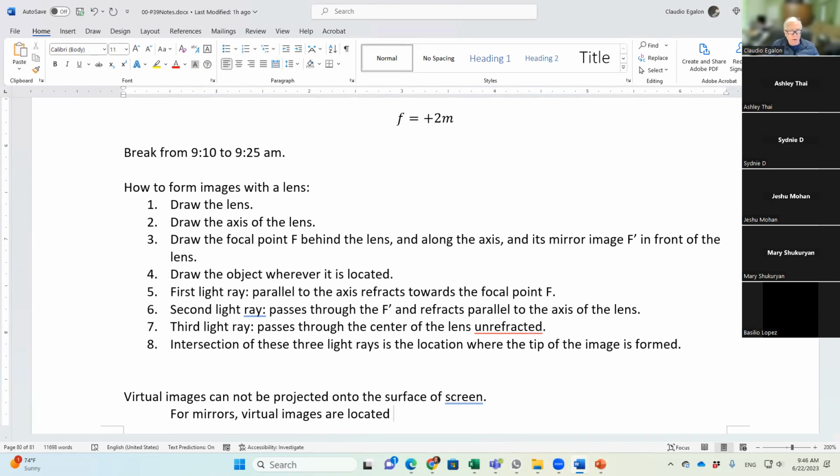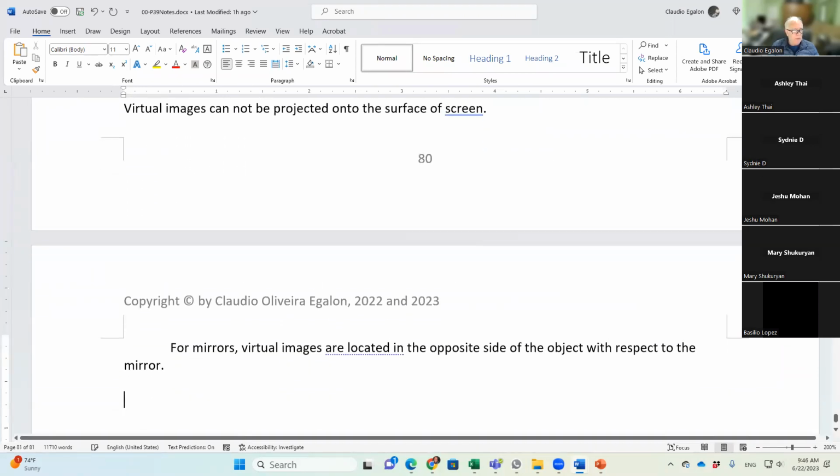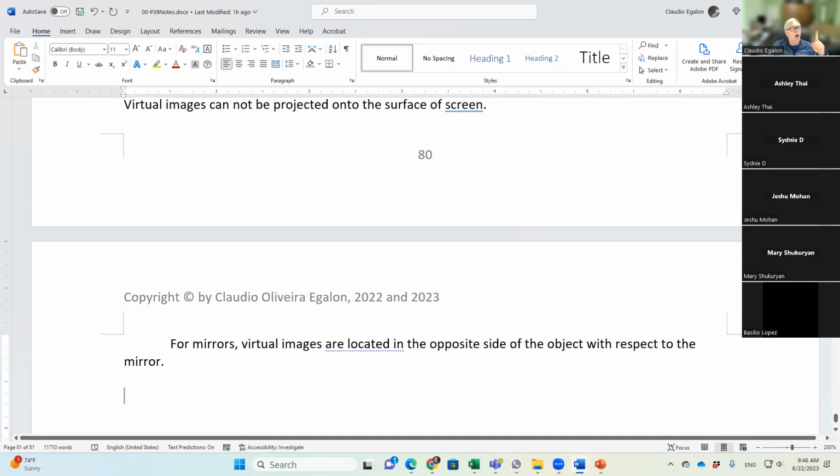For mirrors, virtual images are located on the opposite side of the object with respect to the mirror. So if you have an object in front of a mirror, the virtual image will always be behind the mirror.